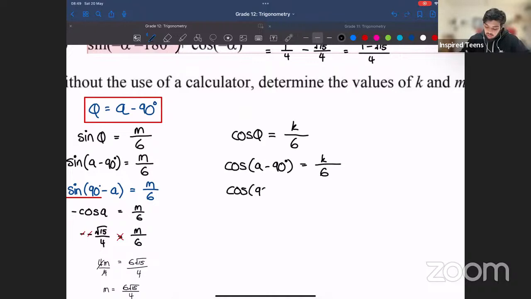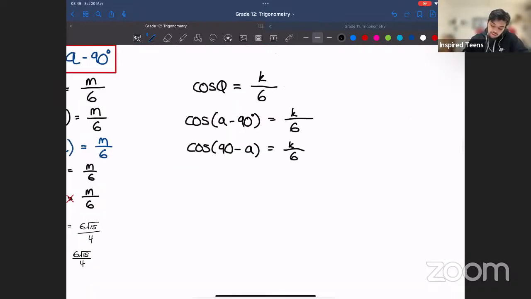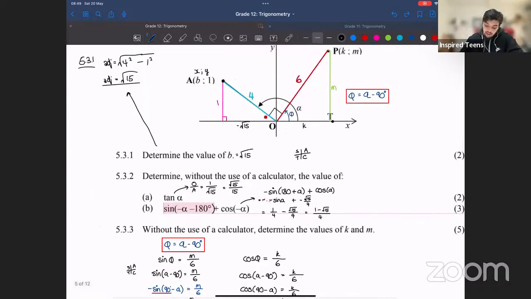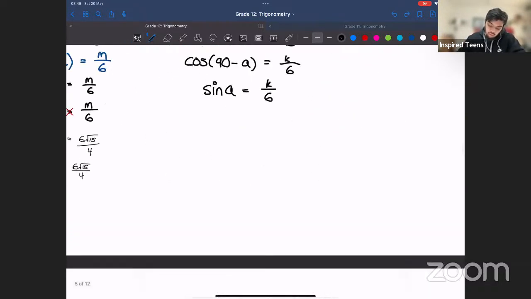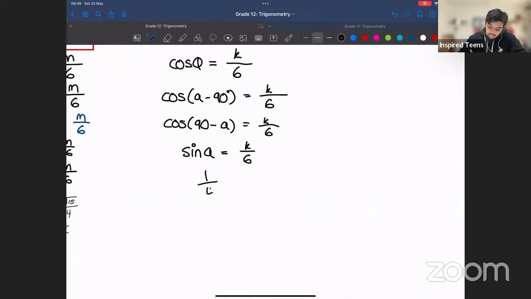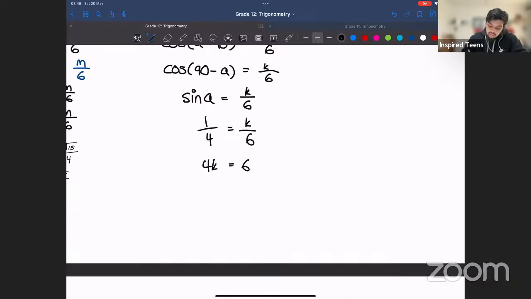So this is the same as writing cos of 90 minus alpha is equal to k over 6. Now cos of 90 minus alpha can be reduced to positive sine alpha, because 90 minus cos is positive, but then because it's cos 90, we swap it to sine, and then we have sine alpha, which is 1 over 4. So 1 over 4 is equal to k over 6. Cross multiply, we get 4k is equal to 6. K is equal to 6 over 4. K is equal to 3 over 2.